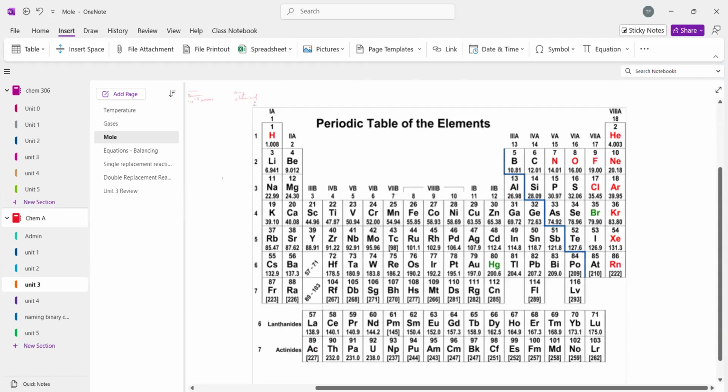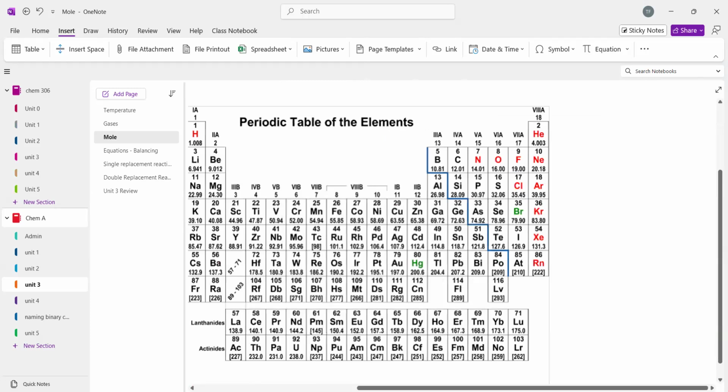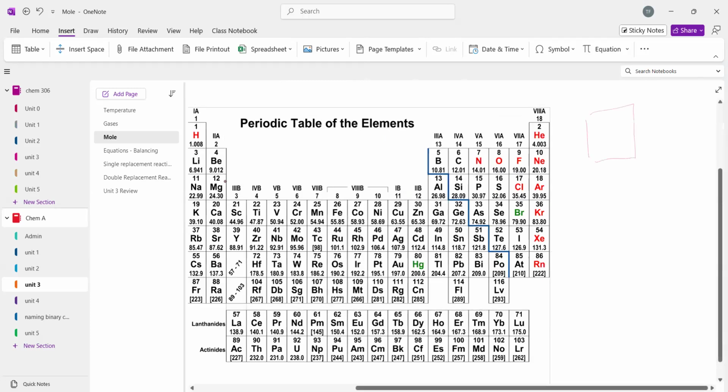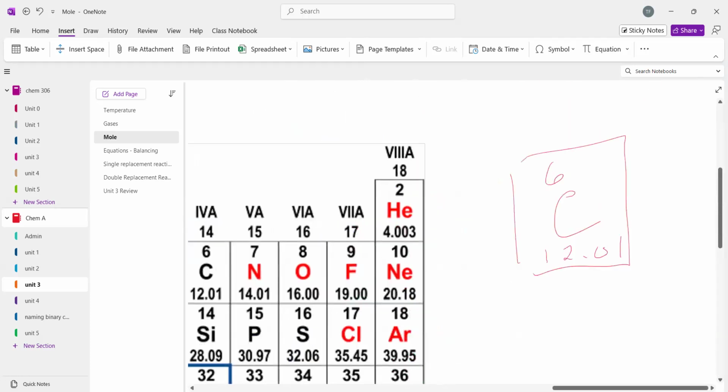Now we learned in Unit 2 that on a periodic table, for each element, it's got two numbers. An integer, which is the atomic number and also refers to the number of protons, and also a decimal number. Now, that decimal number is called the atomic mass.